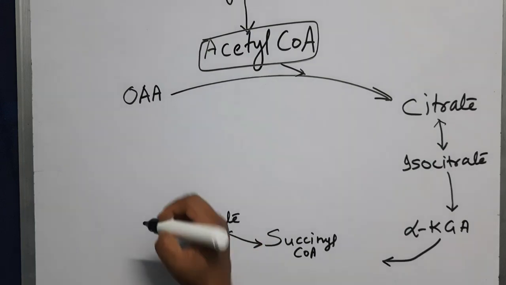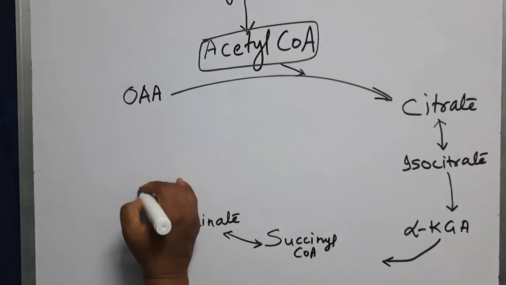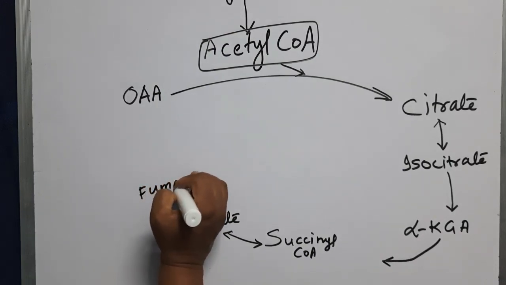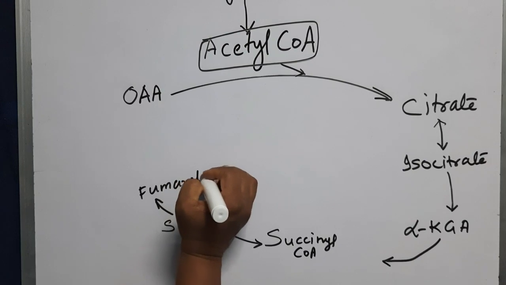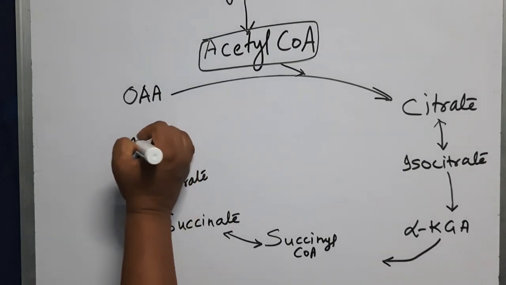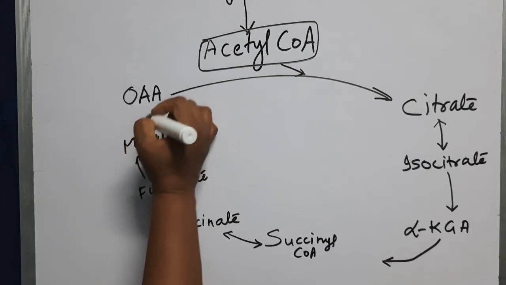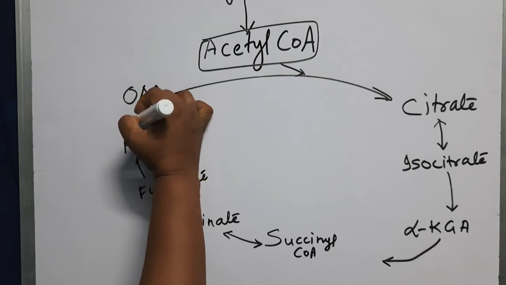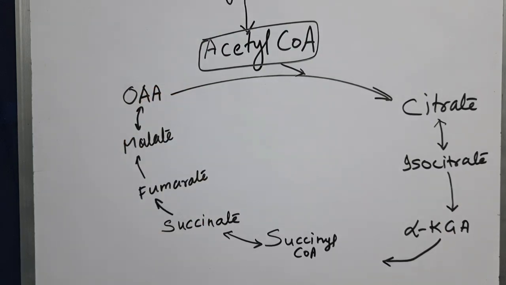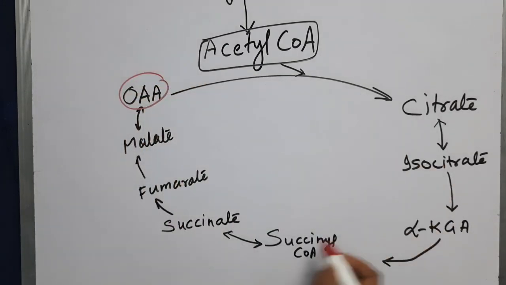From succinate we get fumarate, and fumarate to malate, and this malate will regenerate the oxaloacetate. So you can see we started from oxaloacetate and again we are regenerating oxaloacetate.